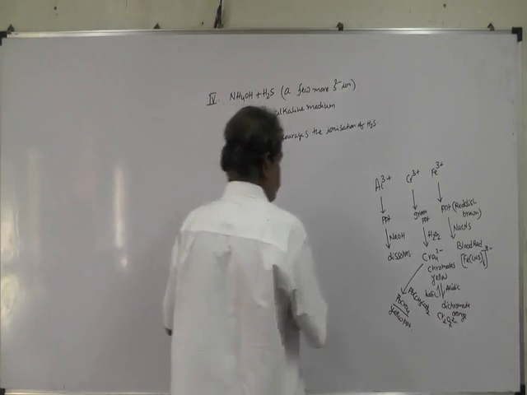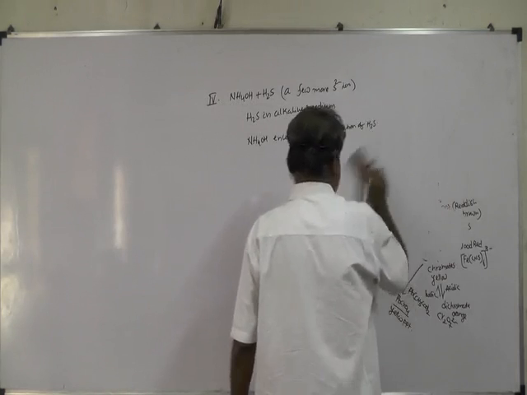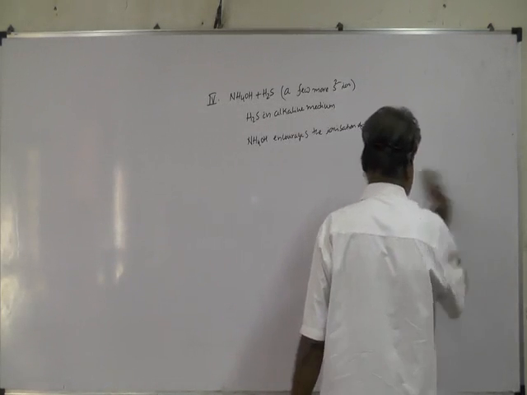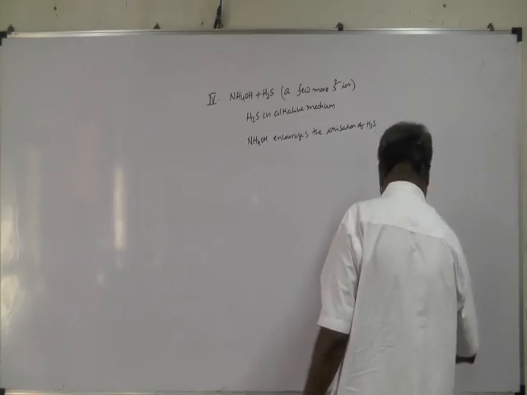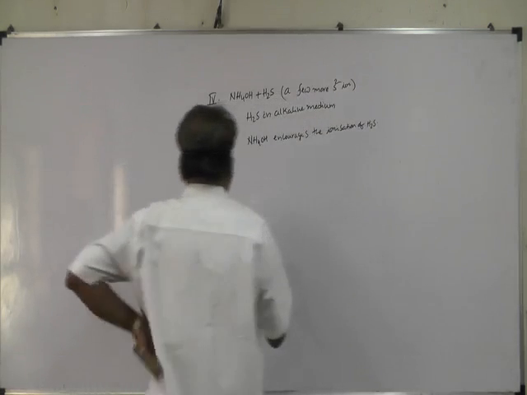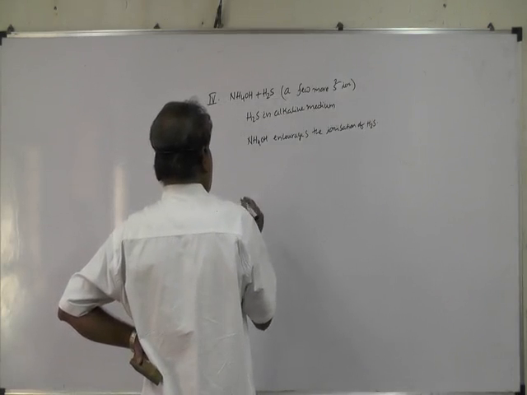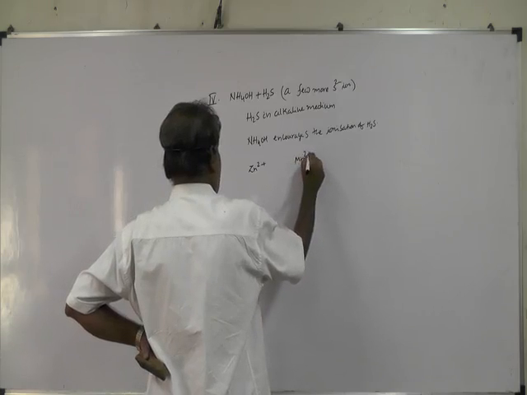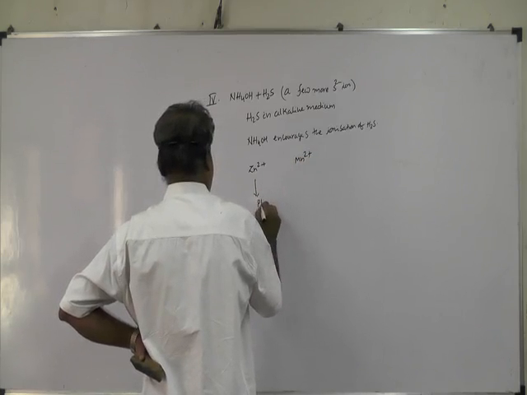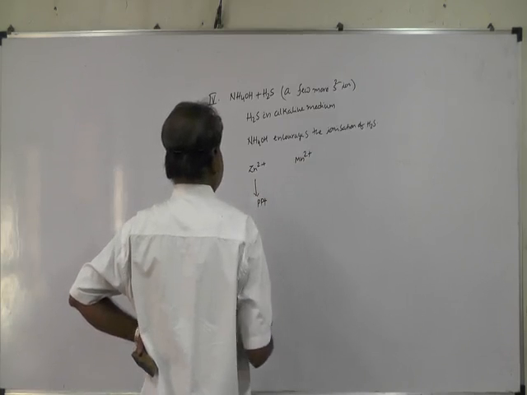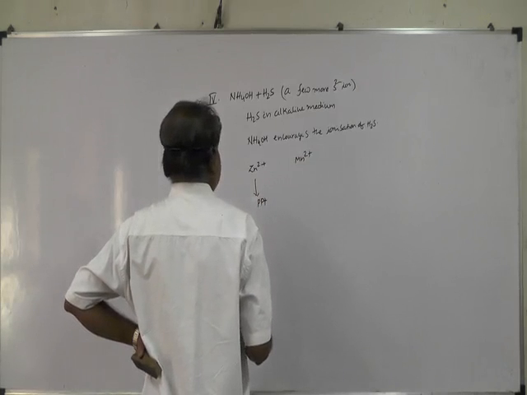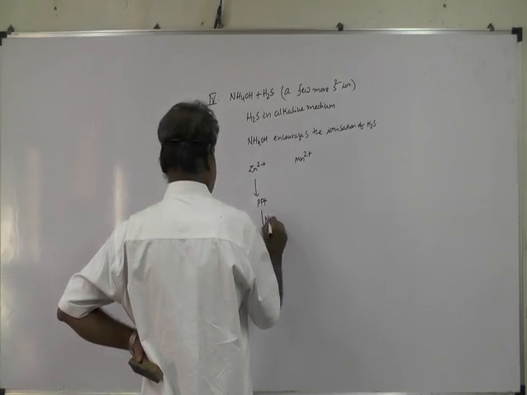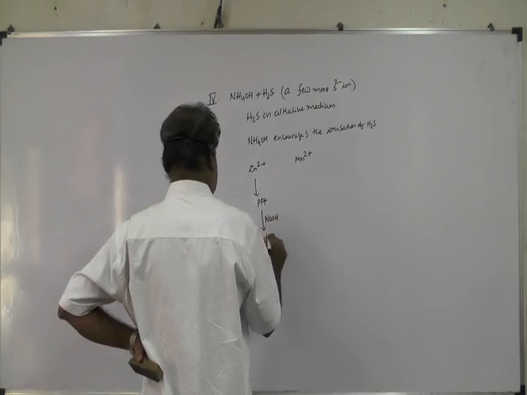Now, zinc 2+, manganese 2+. You get a precipitate, and the precipitate of course is zinc sulfide, and when NaOH is added, the precipitate dissolves.